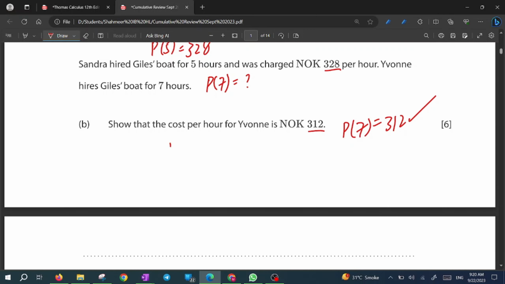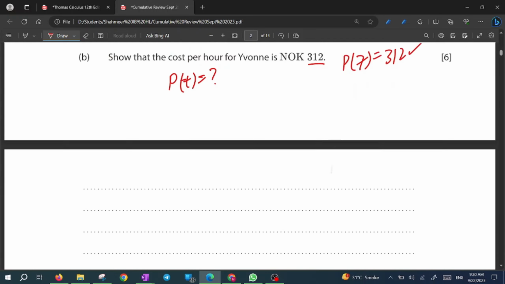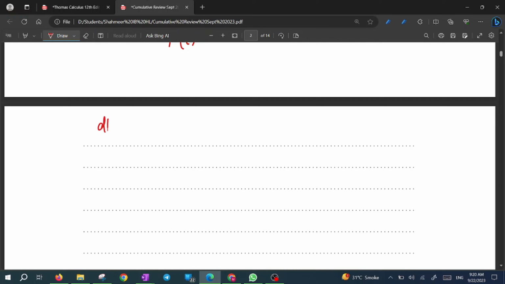First, we have to get P(t). We have dP/dt = 20 - 980/t².